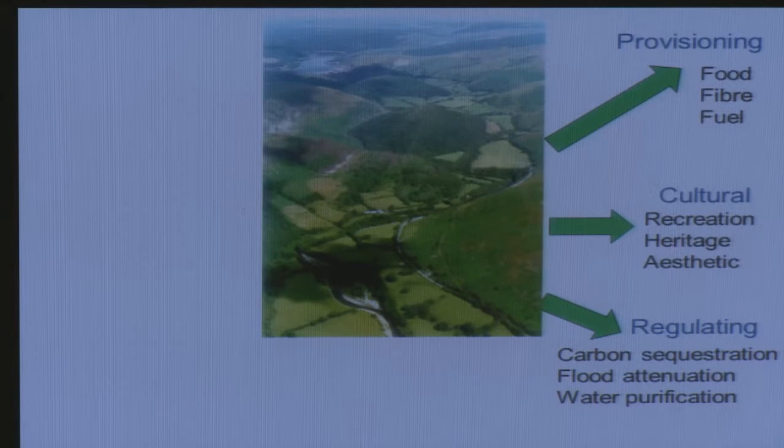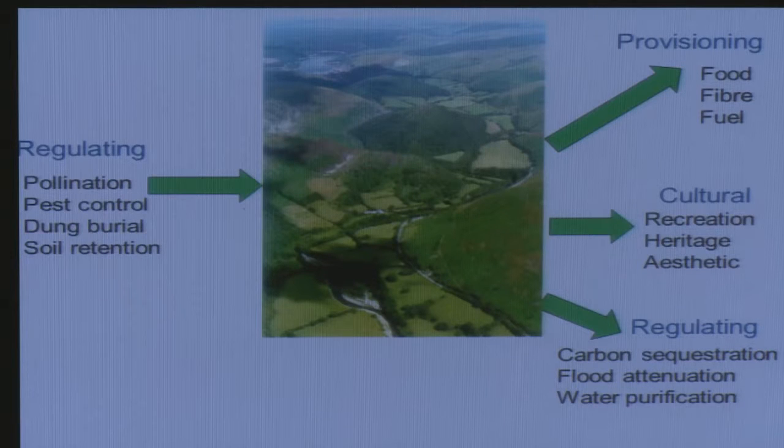They're places we often go for recreation or to be inspired by nature. They play a key role in mitigating our climate by sequestering carbon, alleviating floods, purifying our water, and many other things. These are all benefits we get. These are ecosystem services. But the production in those landscapes also depends on other services such as pollination and pest control.